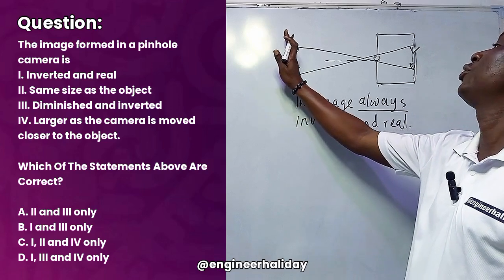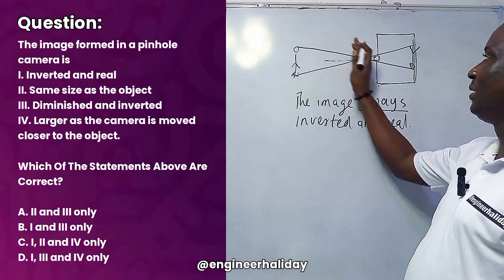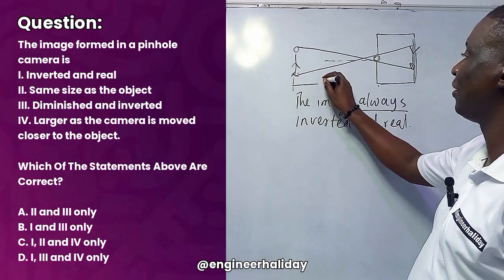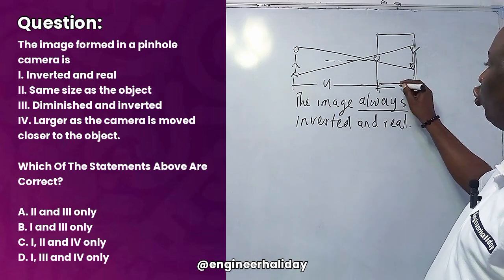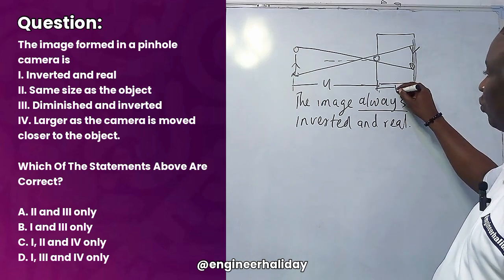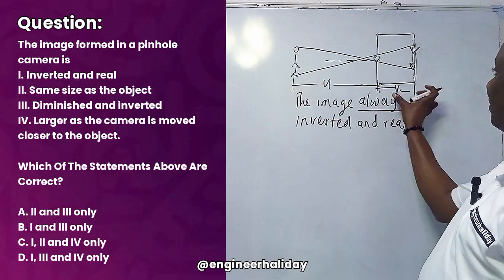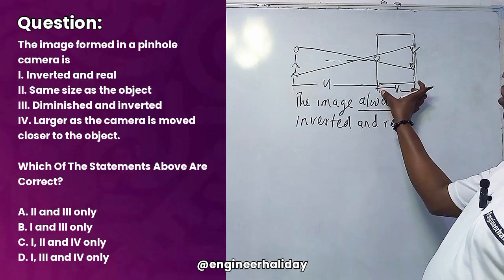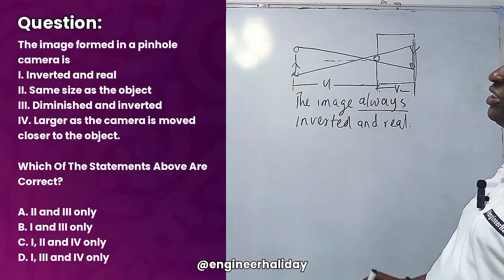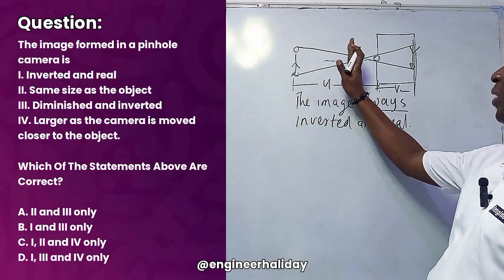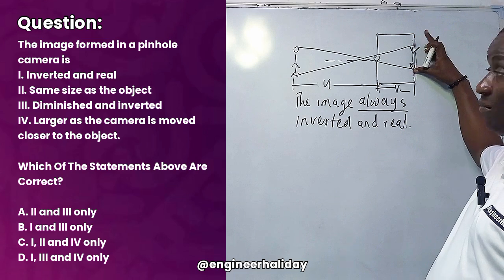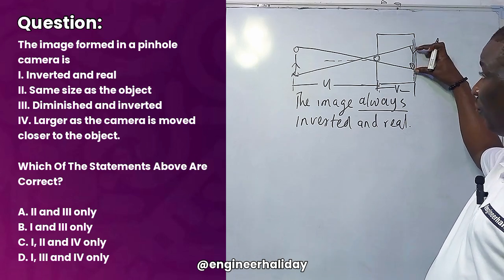But as the object becomes closer to the pinhole, because the distance from here to here is the object distance, while from the pinhole to the screen is the image distance, that means the length of the box of the camera is the image distance. So as the body comes closer, the image becomes larger.